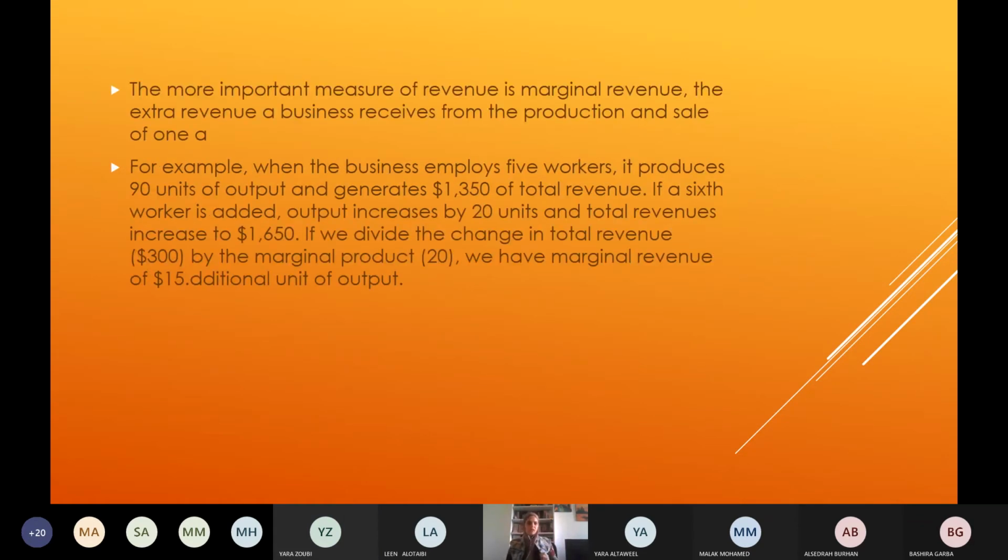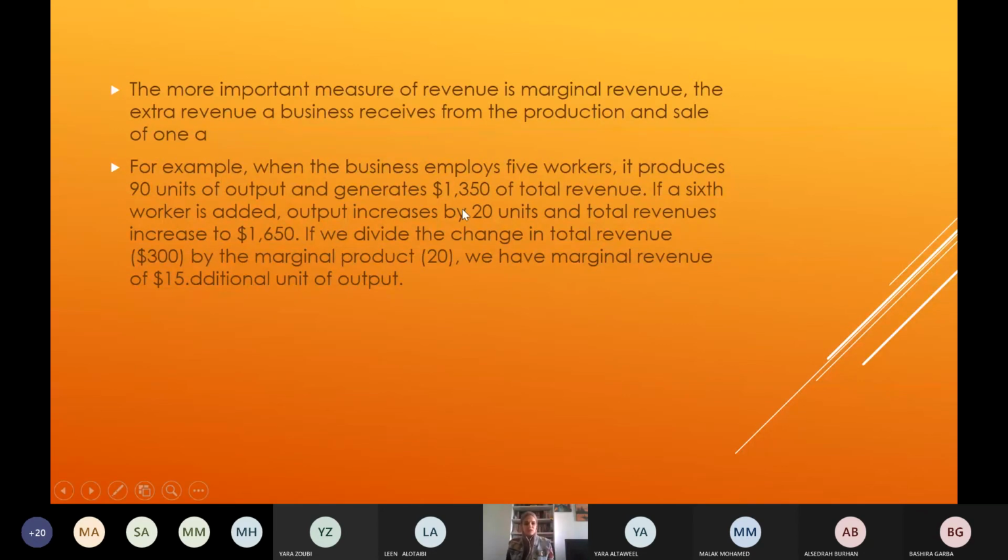So for example, when a business employs 5 workers, it produces 90 units of output, 90 cups of lemonade. I have 5 workers, 90 cups of lemonade, and I gain 1,350 riyals. If I add a worker, I increase the cups of lemonade by 20.